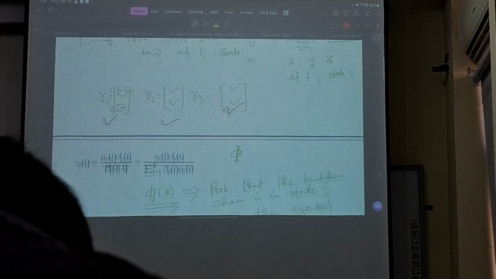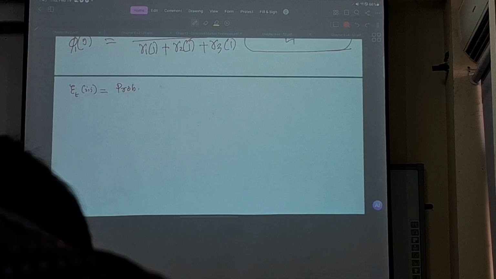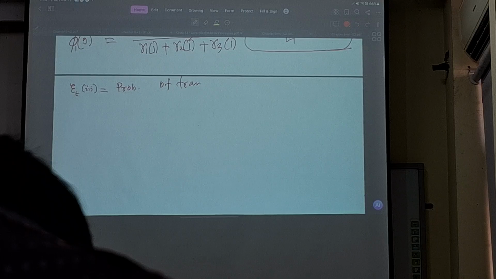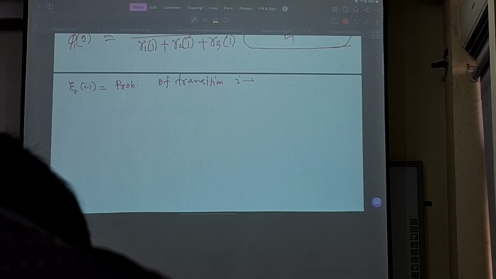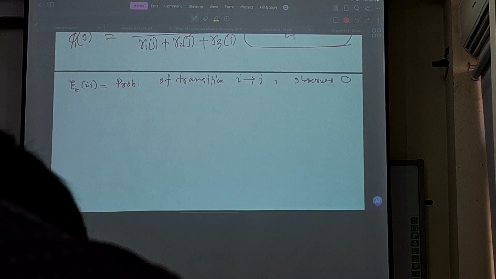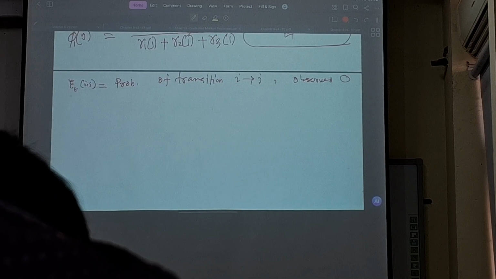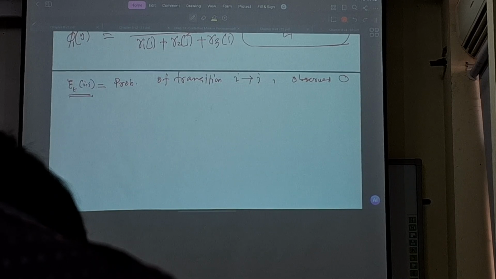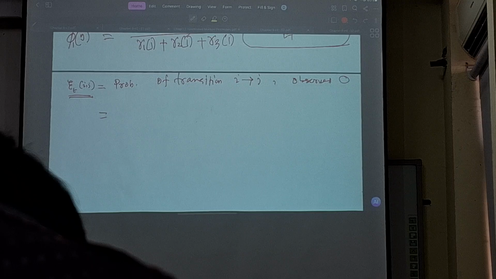That represents the probability of the transition from i to j, and this observed symbol sequence. Now, this is the definition. So this variable somehow is connected with the transition from i to j. The question is, how can we calculate this?